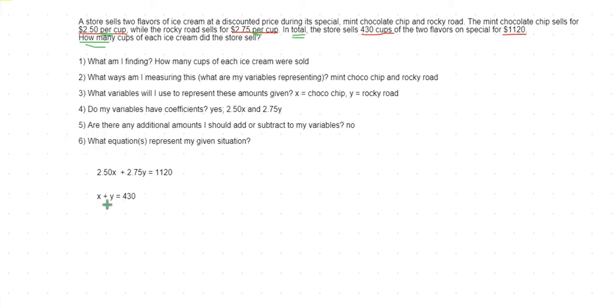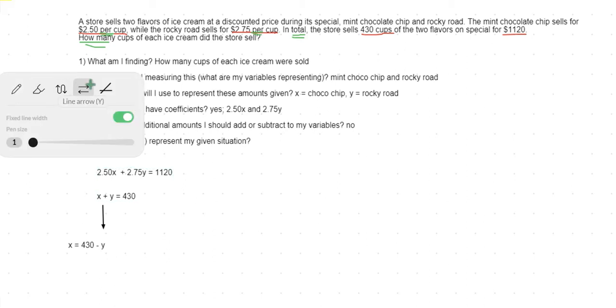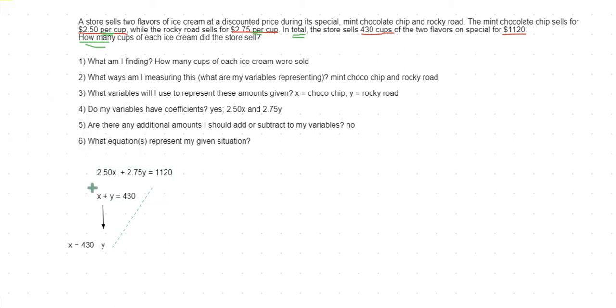So if I were to look at this equation here, I can rewrite this as, let's go ahead and do x equals 430 minus y. Okay? So I can rewrite this equation to be that, and then I can just take that amount and plug it in. Actually, let's not have that one.